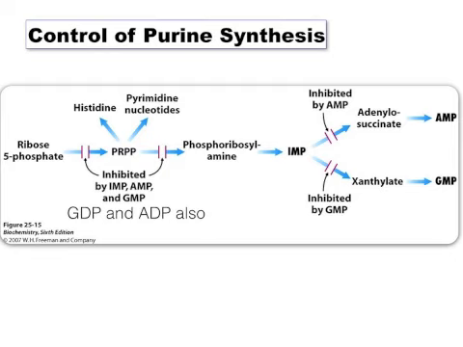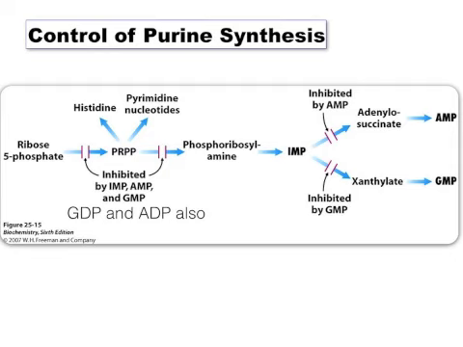Now, this offers a means of regulating this branch pathway so that high concentrations of AMP turn down the production of AMP and allow GMP to catch up. If we inhibit the top branch, the bottom branch will be used. Likewise, if we inhibit the bottom branch, the top branch will be used and will make more AMP. In this way, we get relatively equal amounts of AMP and GMP.